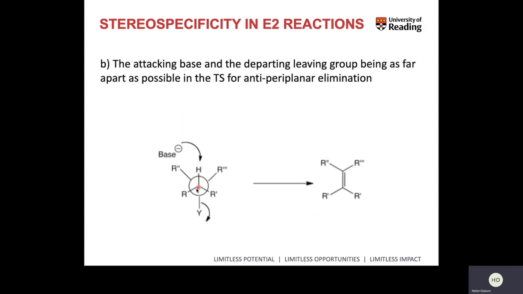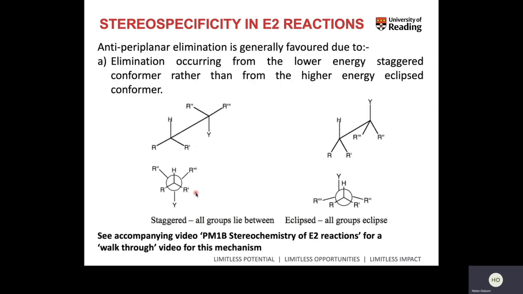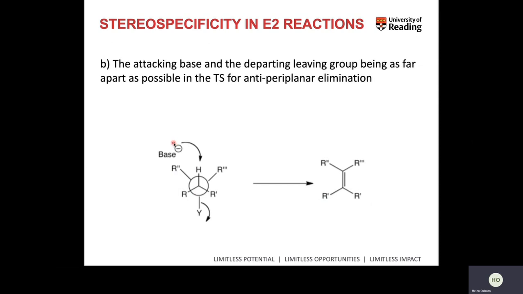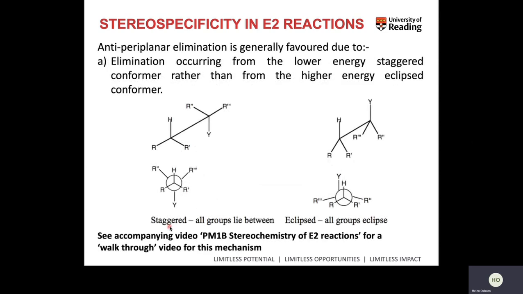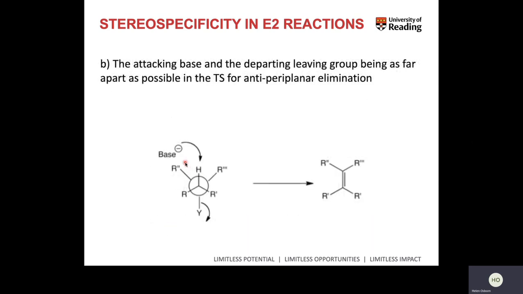So this is exactly what we had before. What we're saying is when our base comes in to do the elimination in that one-step reaction, where the base pulls off the hydrogen, kicks electrons in to make the double bond and loses the leaving group via a transition state, if this occurs via the anti-periplanar arrangement, which we've said was more favoured, then in the transition state the groups on the carbon at the back are defined relative to the groups on the carbon at the front.